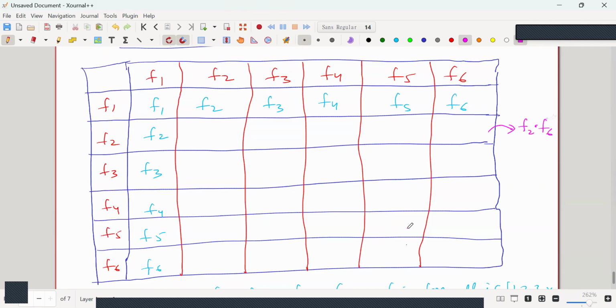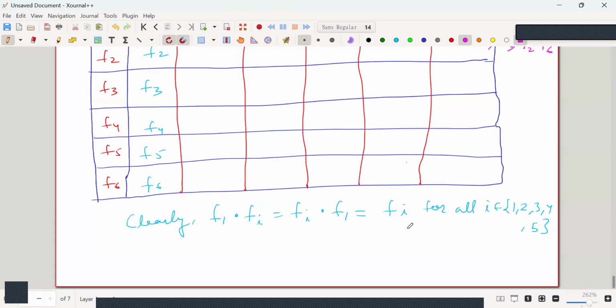Okay. And similarly, this will be denoting F6 times F2. Okay. So that is just for convention.